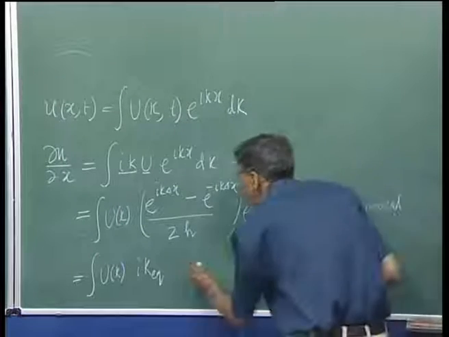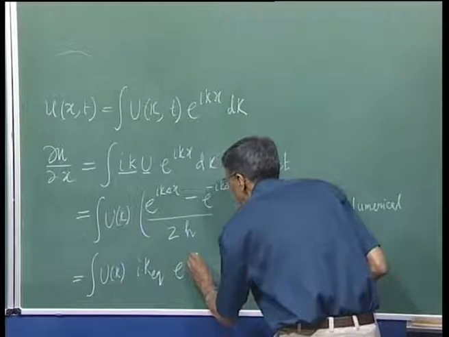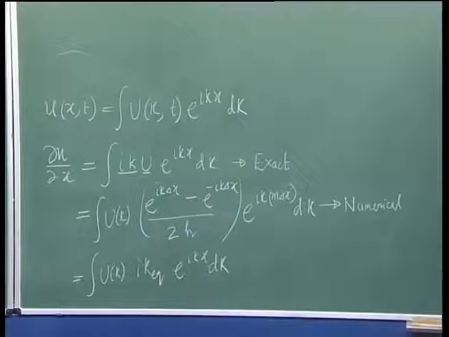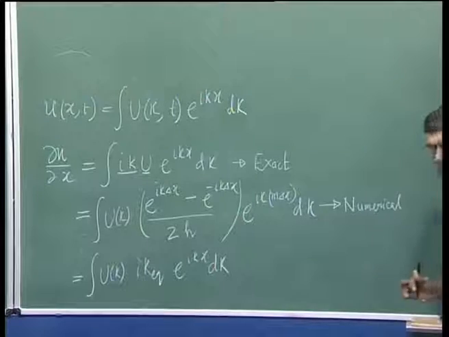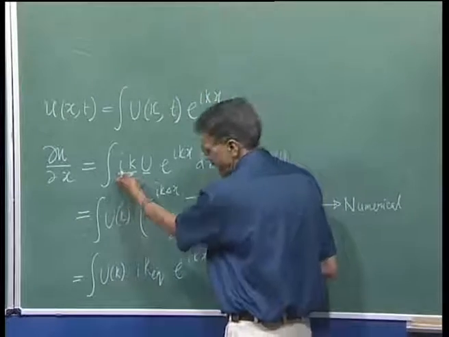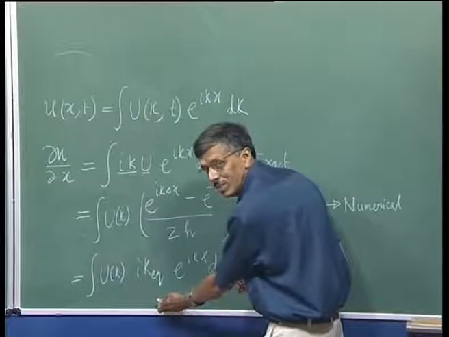Okay. And then we have e to the power i k x dk. So, what happens? Doing the numerical operation is equivalent to replacing i k by i k equivalent, right.